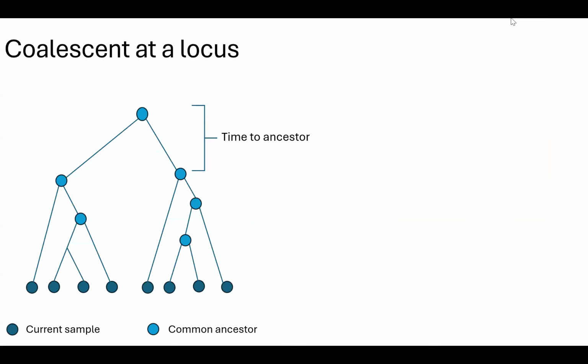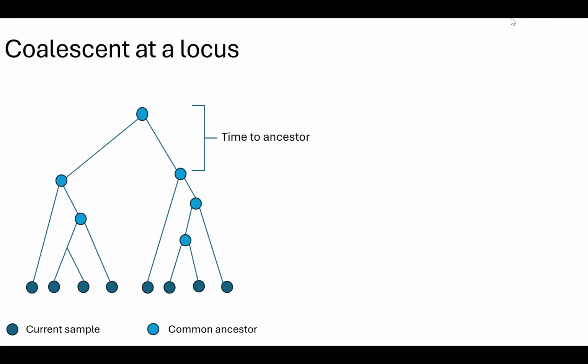We can make sense of this in the context of genealogies at a locus, otherwise known as the coalescent. In this tree graph, at the bottom, we have our current samples in dark blue. They have common ancestors in the light blue, and the branches in this graph will be the time to these common ancestors.